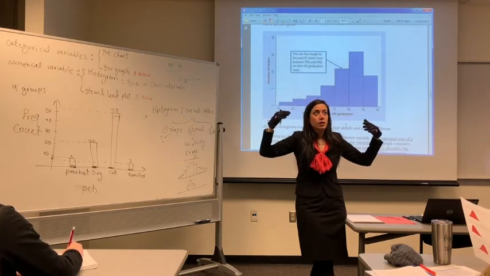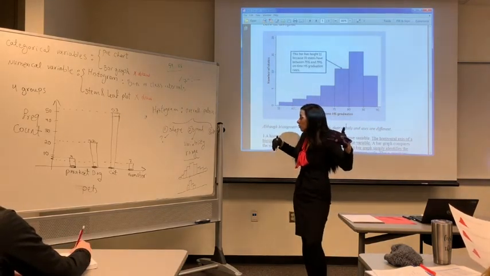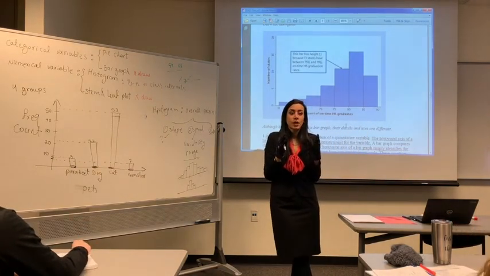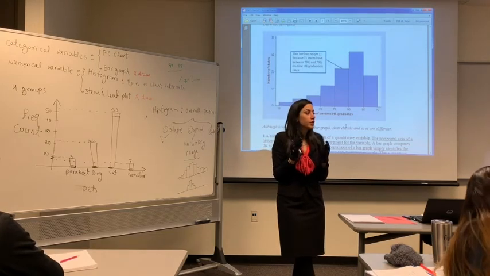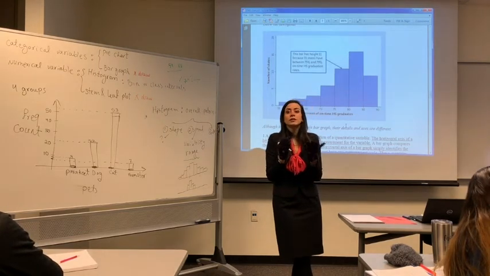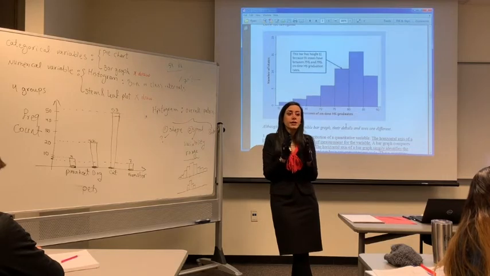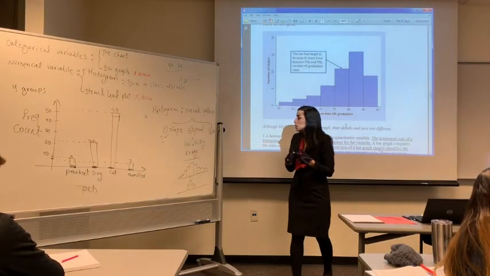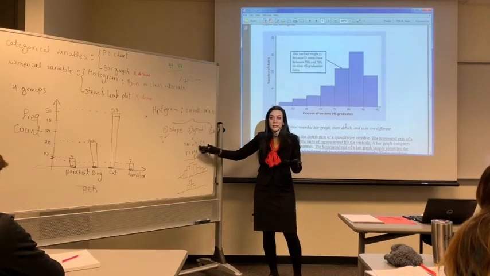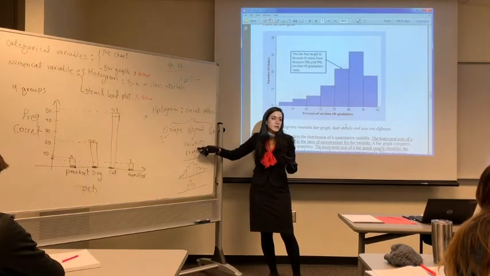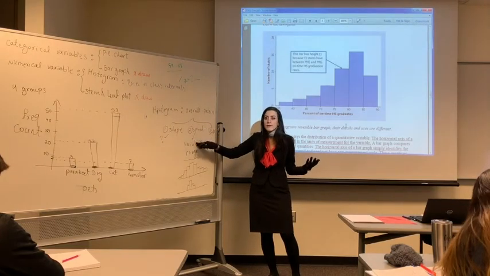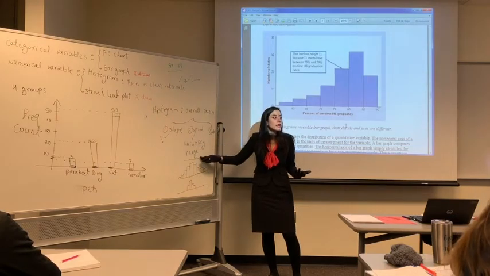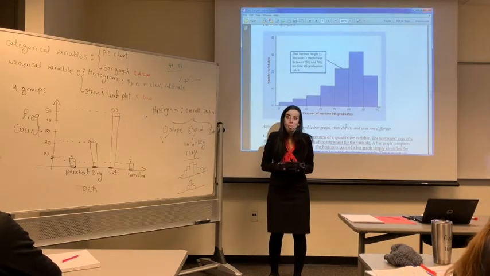So a narrower histogram means, now you tell me, less variability, correct? A narrower histogram means less variability. So this is the variability and spread. One name is spread, another name is variability. Both are the same, correct? When I say variability it means spread, when I say spread it means variability. And these are all the range from the minimum to the maximum, correct?